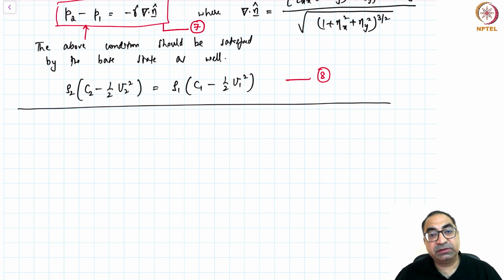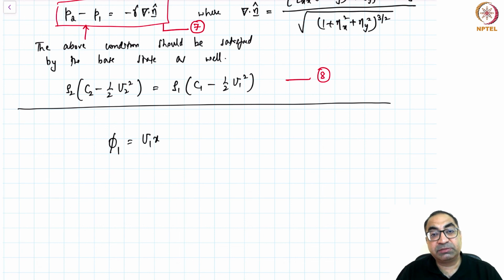Now when we perturb the interface, we also will have similar perturbations to the velocity field. Now the velocity field, recall, is represented in terms of a velocity potential. So we'll also perturb the velocity potential. If phi1 is the velocity potential of the lower fluid, this would be u1 times x. This is the base state.